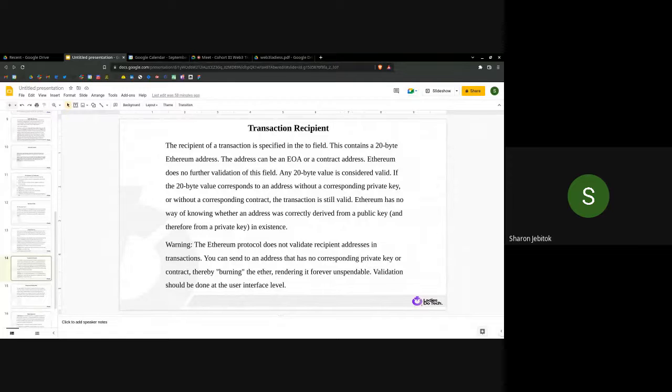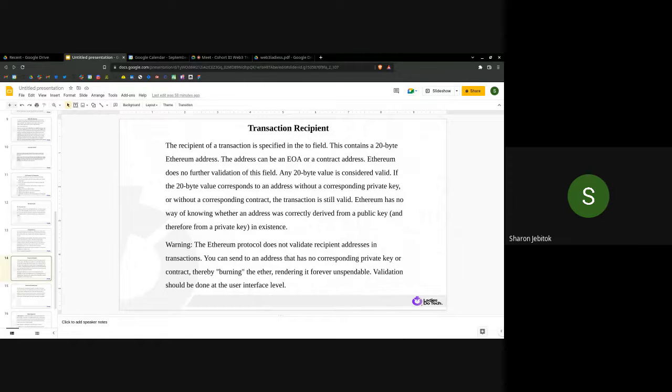So this is just like the normal thing, the way we normally try to send someone money or to a given account, you always have to counter check. So for making transactions on the Ethereum blockchain, try to validate the recipient's address.